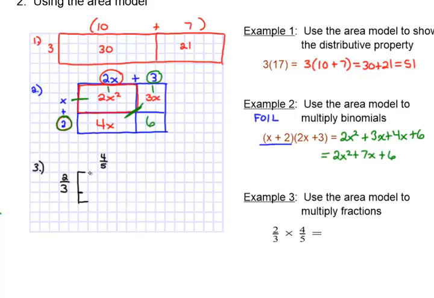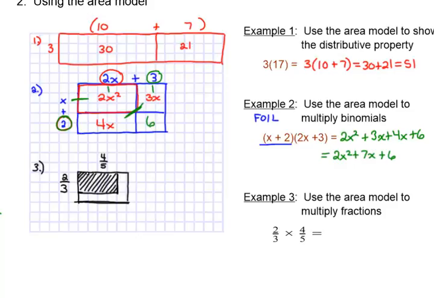So I want 5 pieces. 1, 2, 3, 4, 5. Okay, basically what I do is I only care about 2/3 of the ones going across, and I care about 4/5 of the ones going down. Right? And so this is the part that I care about.